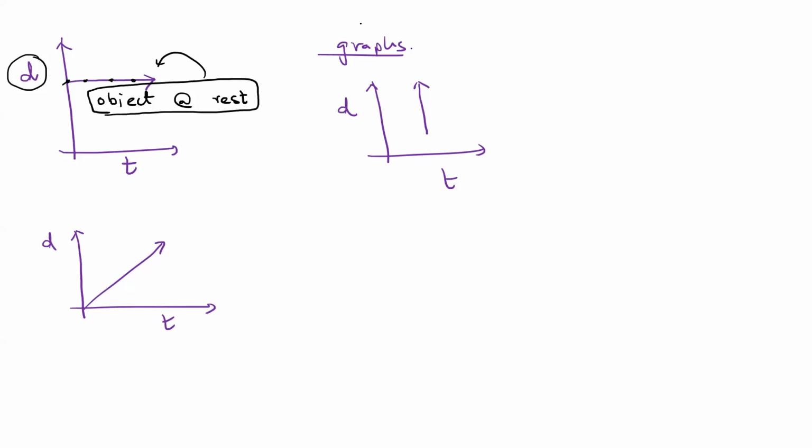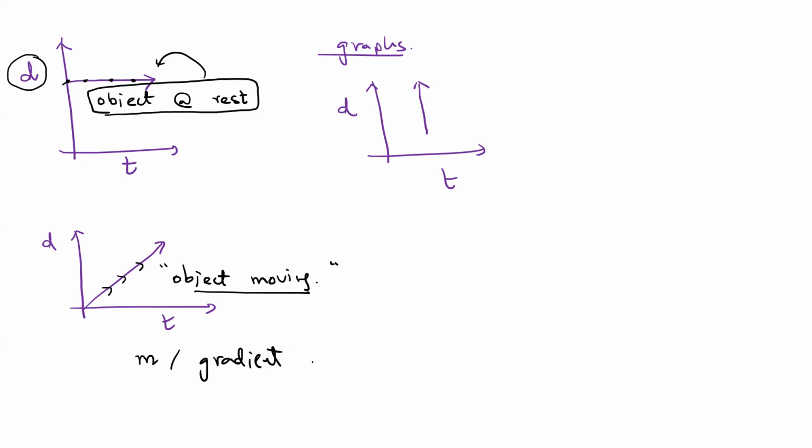Yes, sir. That's nice. Okay, now what does this show? Obviously this shows an object moving, but we need to be more precise. How is it moving? Is it moving with acceleration or without? For that, we need to calculate the gradient, that's like m.